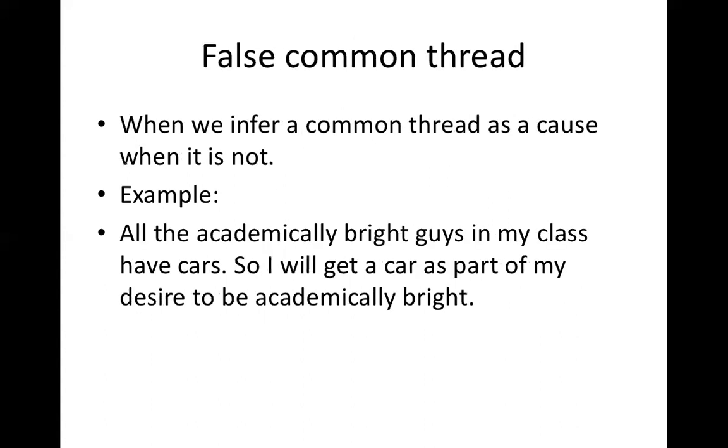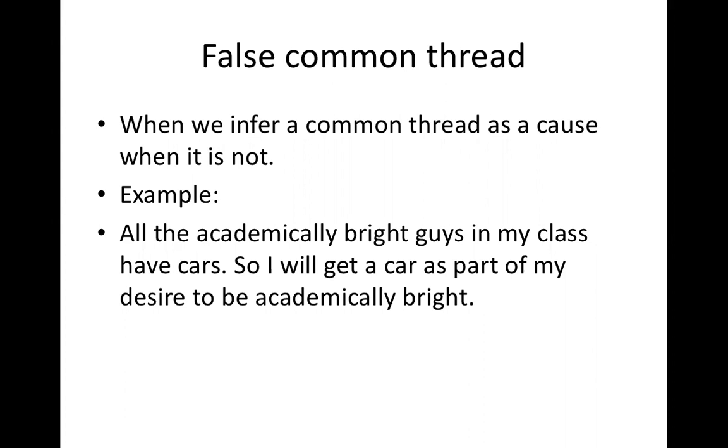Then we have false common thread. Now, we saw how to identify common threads. There are some common threads that are not true. We call them false common thread, when we infer a common thread as a cause when it is not. Example: all the academically bright guys in my class have cars, so I will get a car as part of my desire to be academically bright.